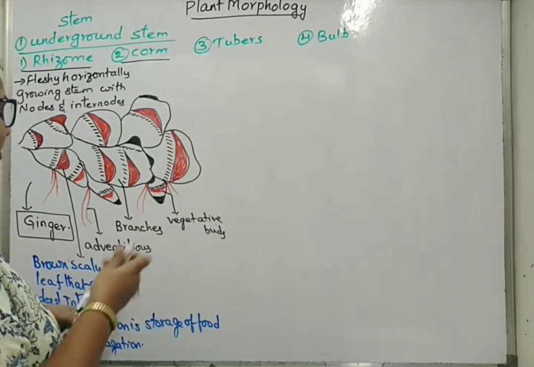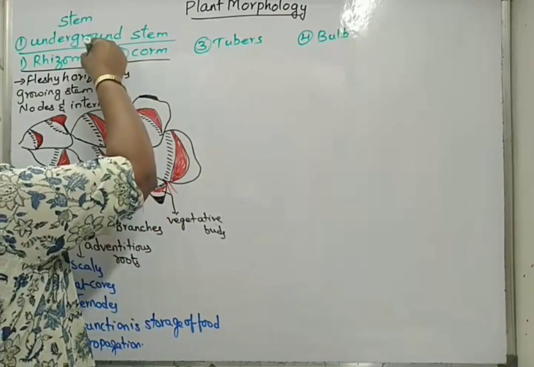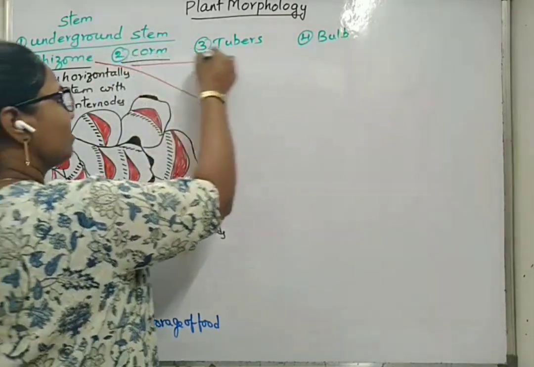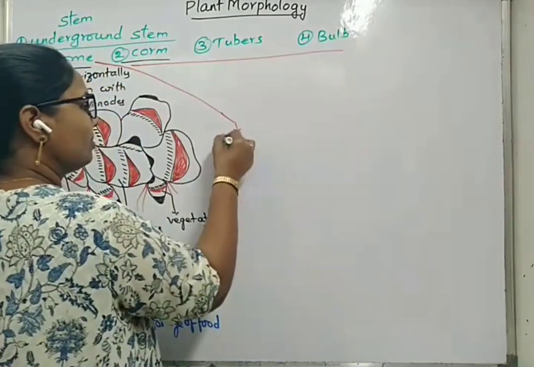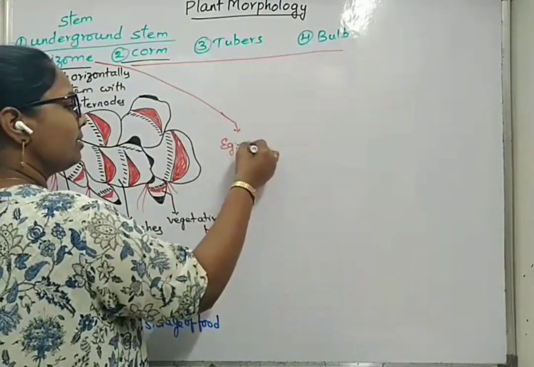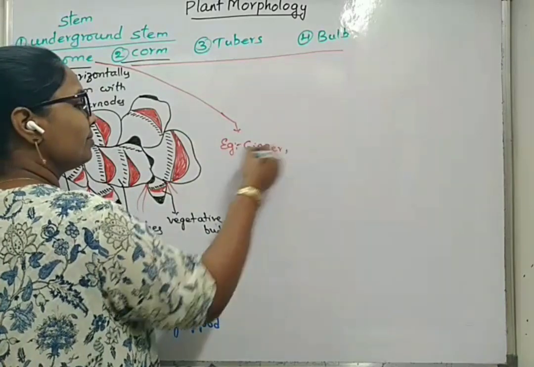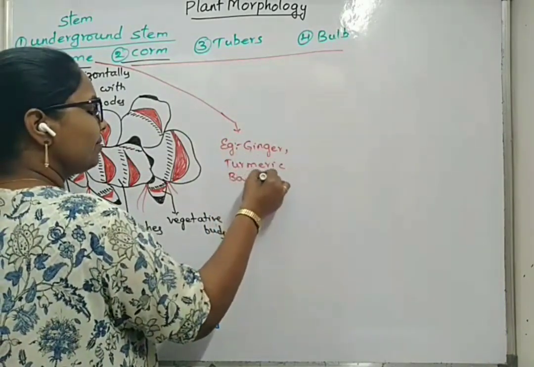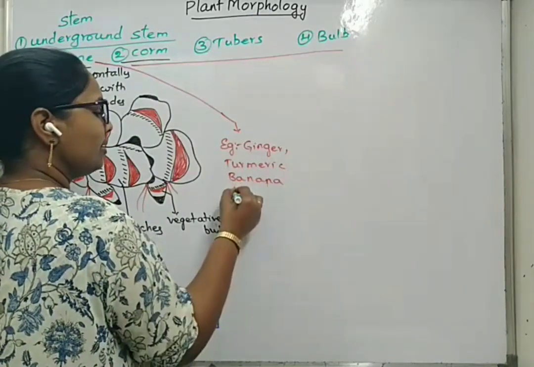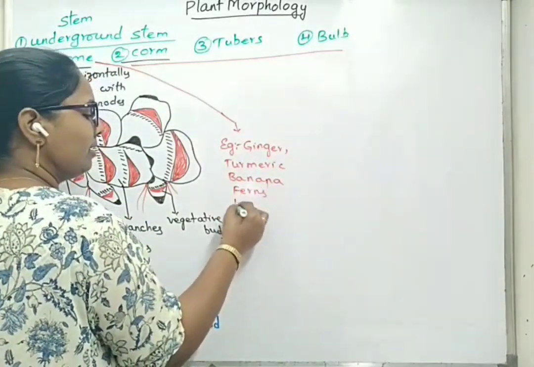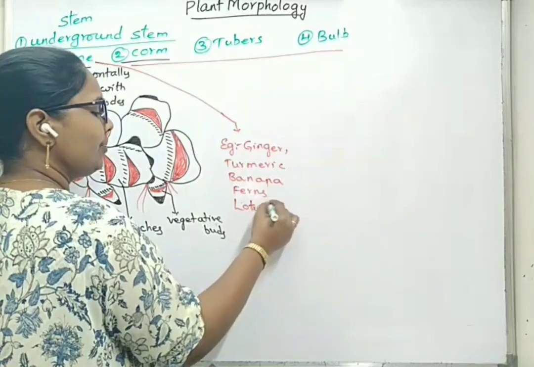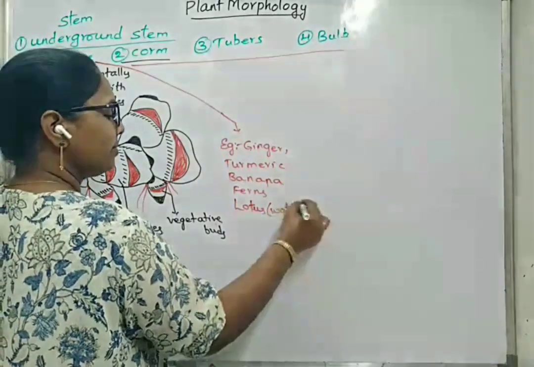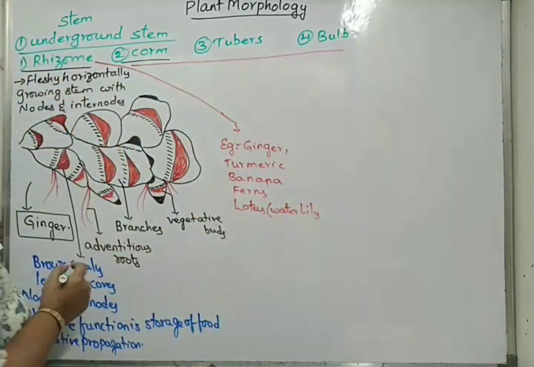So what are other examples under rhizome? Examples are ginger, turmeric, banana, ferns, lotus, which we also call water lily.